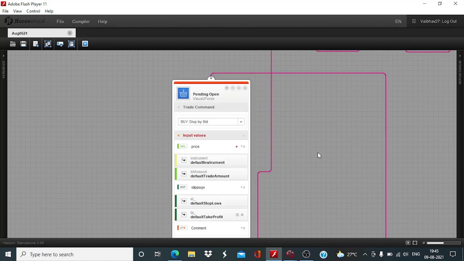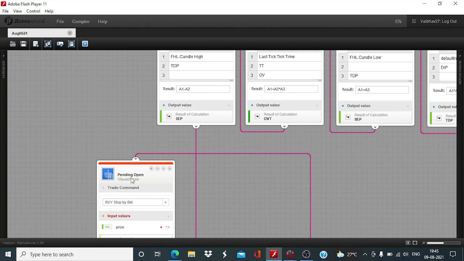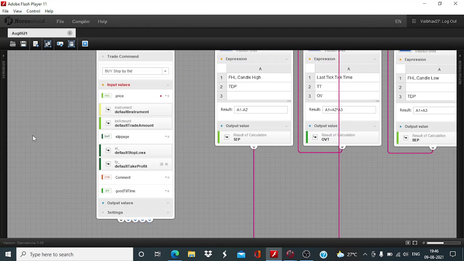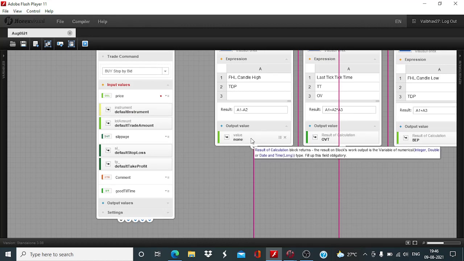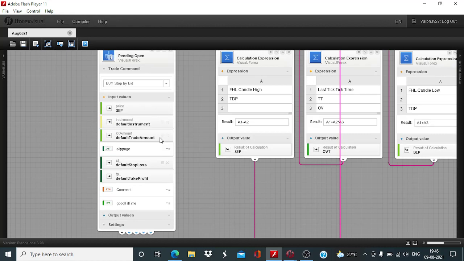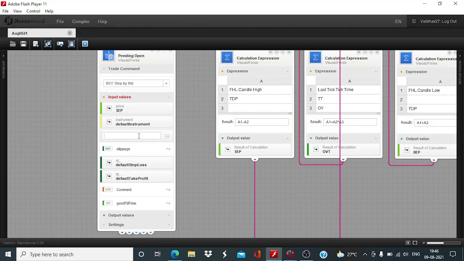Now, coming to the most important parameter, the execution price. We have to place it just 10 pips below the highest value of last 16 hours. So this variable will need to be placed. Default instrument is going to remain the same. Trade amount I will change to 0.1 million. Slippage will be 2 pips.